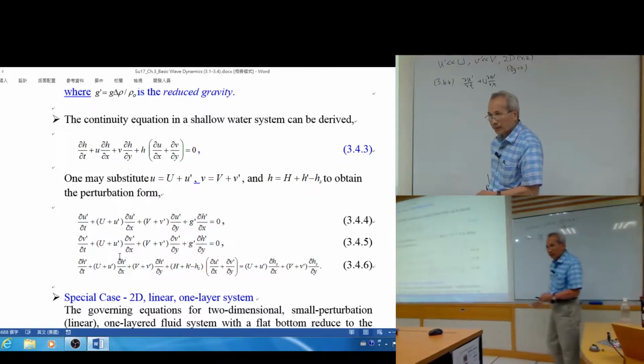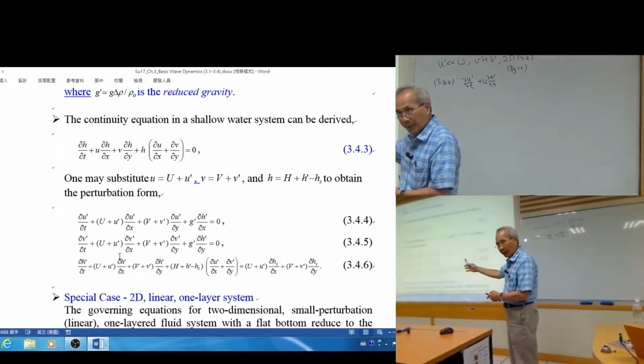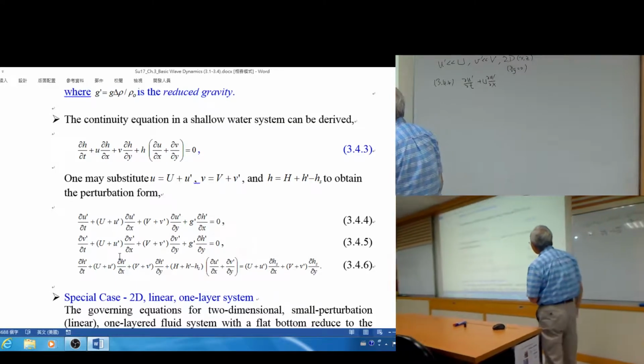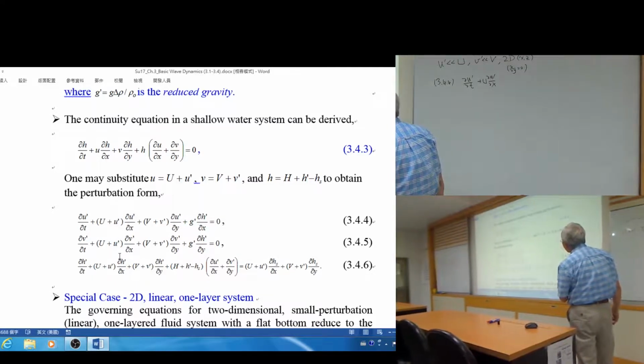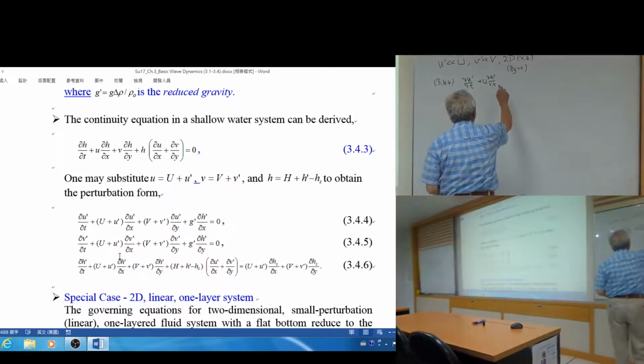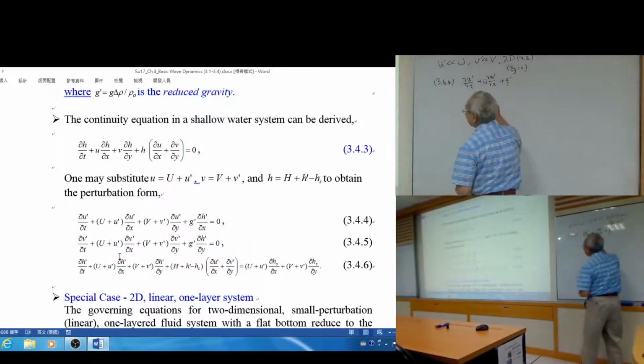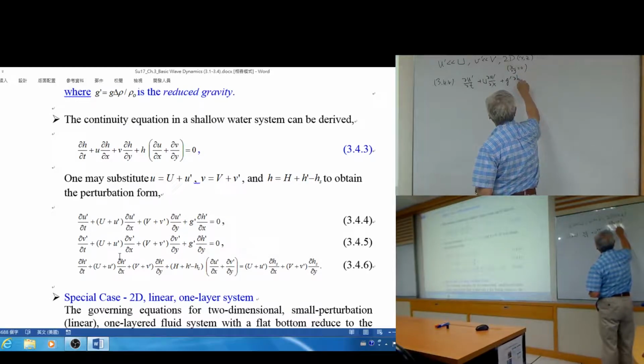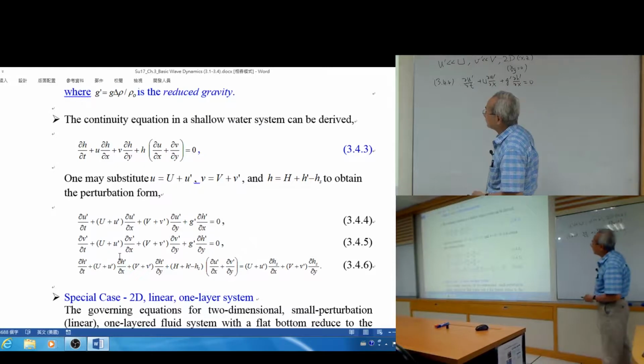In the y direction there's no change, no variation, so we can ignore this whole term. And the last one stays the same, the H prime, dx equals 0.